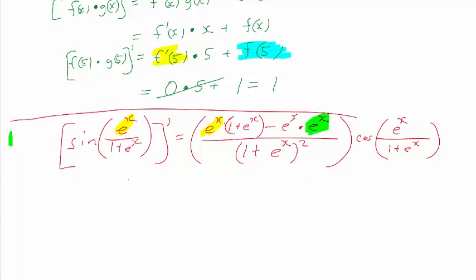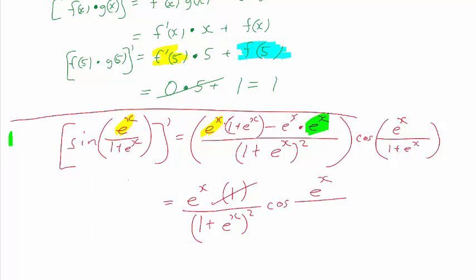It looks like we can factor out an e to the x. And so we have 1 plus e to the x minus e to the x, so that's just going to be multiplied by 1, so we'll just ignore it. And then at the bottom we got 1 plus e to the x quantity squared, times the cosine of e to the x over 1 plus e to the x.